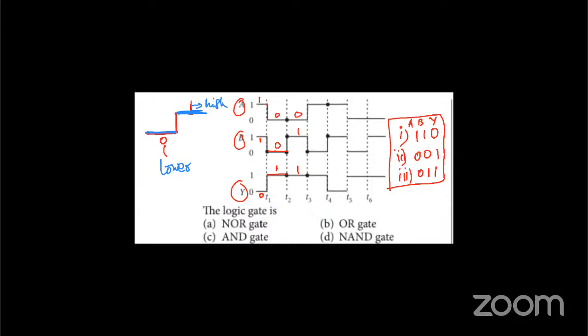How to write the input values for the corresponding waveform?